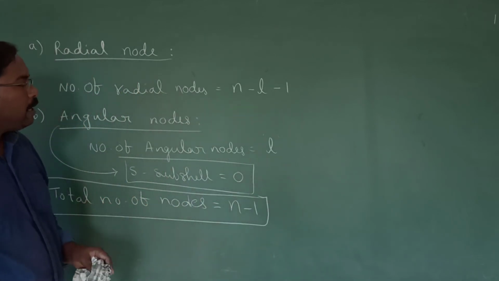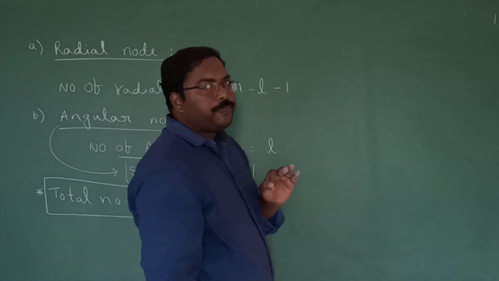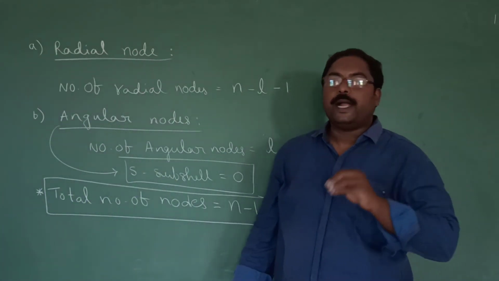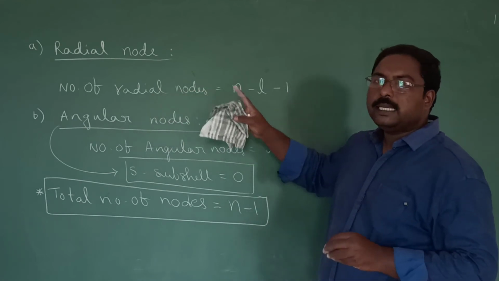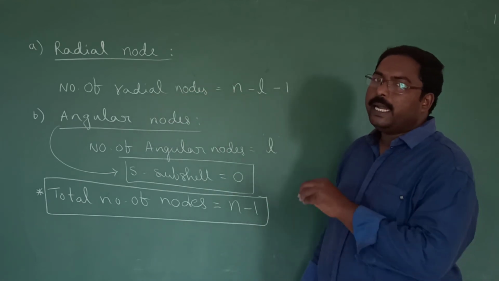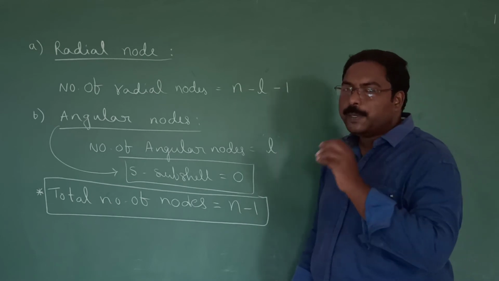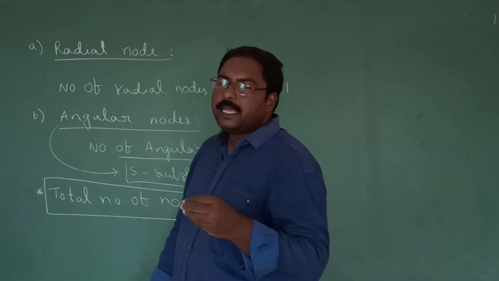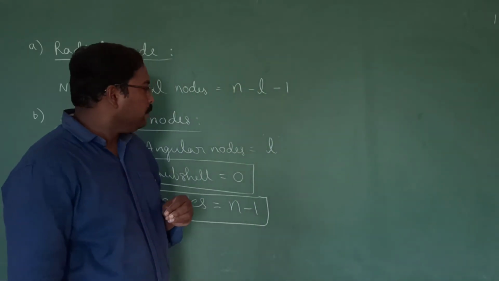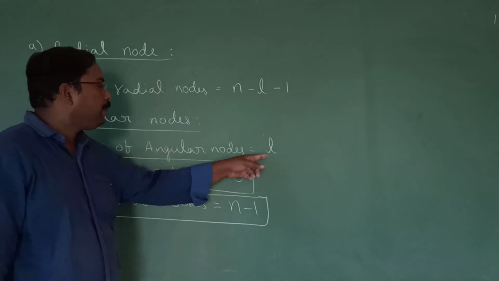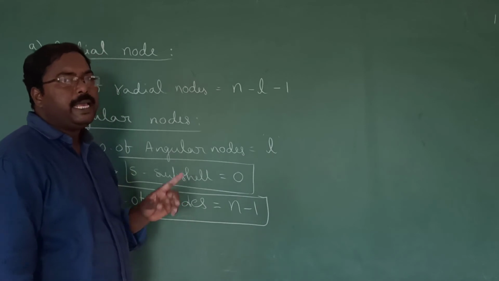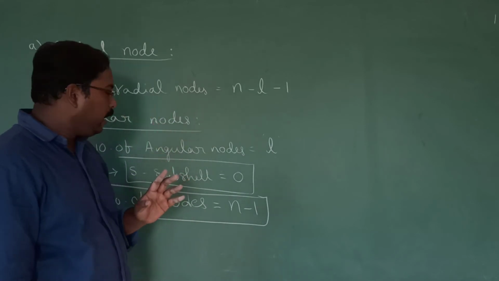So remember three things. If they ask particularly for radial nodes, the formula is n minus l minus 1, where n is the principal quantum number and l is the azimuthal quantum number. If they ask particularly for angular nodes, simply the azimuthal quantum number.